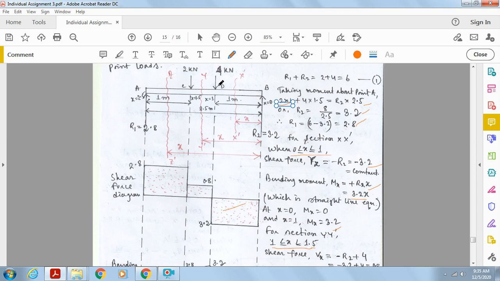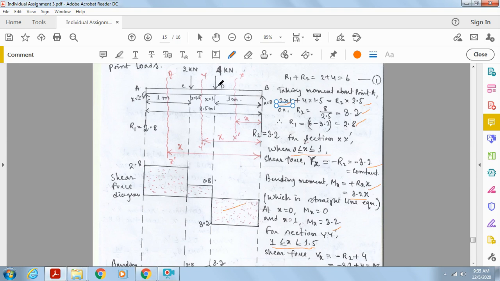Now, in the strength of material subject we will learn in future not only the point load but also the uniformly distributed load and uniformly varying load for the simply supported beam, cantilever beam, overhanging beam, and continuous beam.